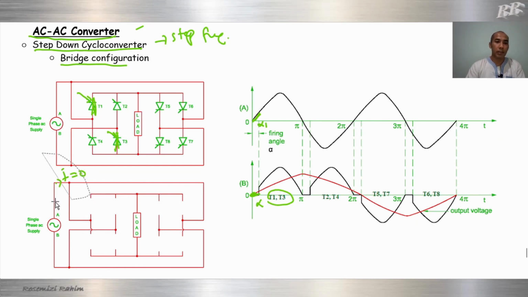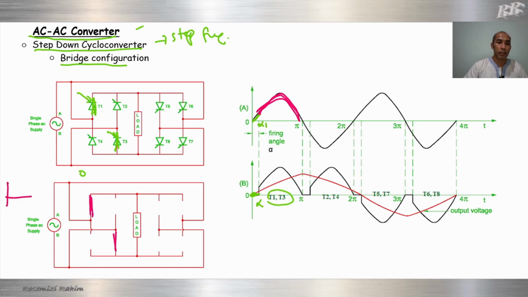So when T1 and T3 are shorted, current will flow, positive, like this.